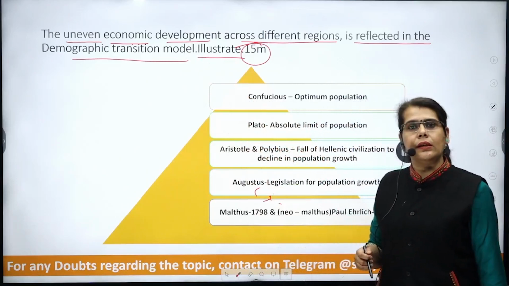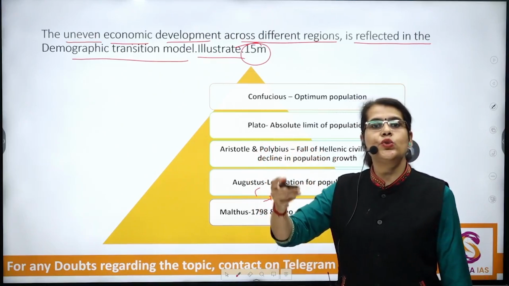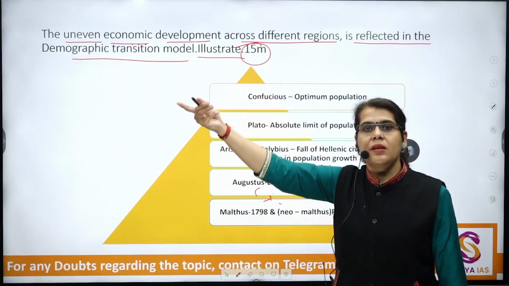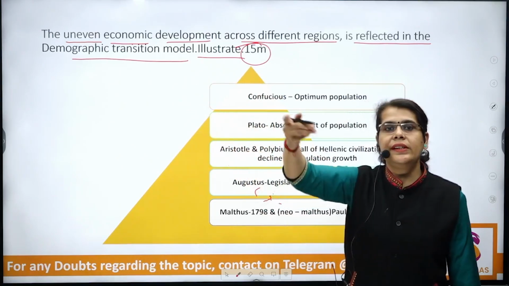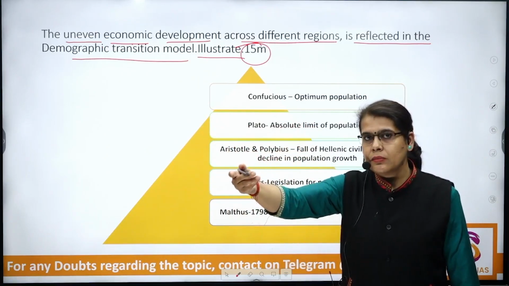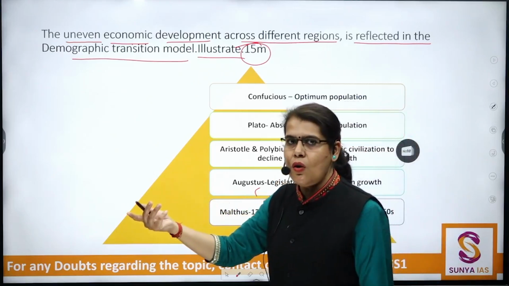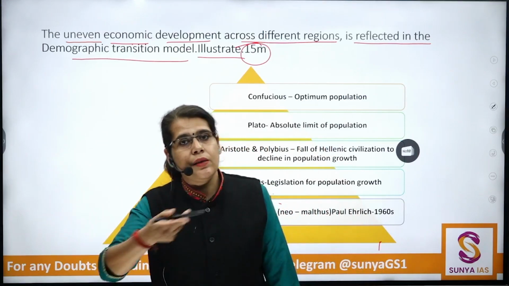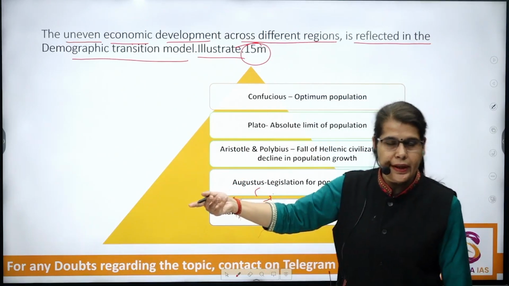Now we are very clear that economic development, particularly the socio-economic development, when we are talking about the broader perspective, is it even across all the regions? No, it is not. We have seen that in the context of a general notion around the developed regions, the developing regions and underdeveloped regions, correct?